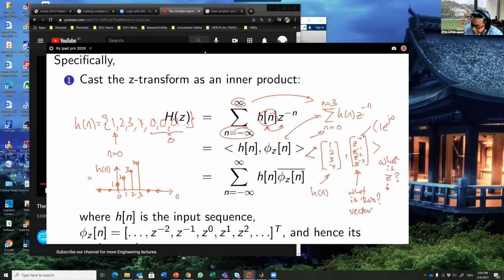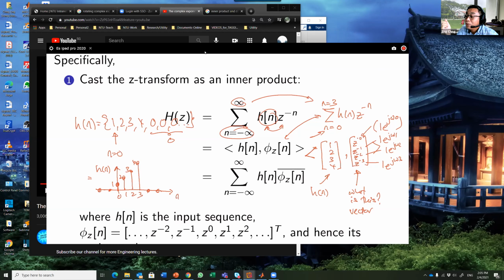The first one is 0. Second one, 1 e^(j omega 1). Third one, 1 e^(j omega 2). Can you see now? And the last one is 1 e^(j omega 3). But I haven't told you what omega is yet.